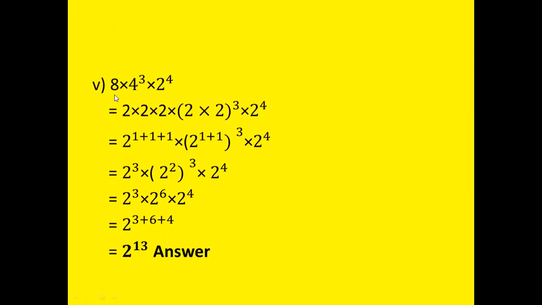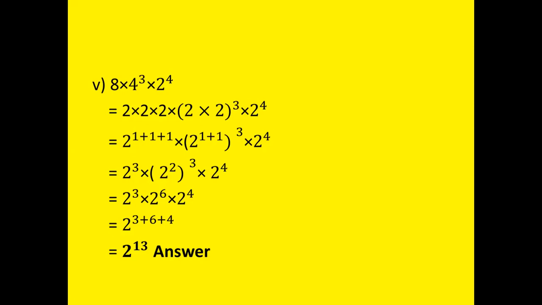Next one, look here, 8. 8 means 2 into 2 into 2, that means 2 to the power 1, 1, 1, so 2 power 3. Then inside, 4 means 2 into 2, so it is 2 power 2, whole power 3, and into 2 power 4. Our aim should be to make all the bases the same. If the bases are the same, then only does it become easier to apply the laws of indices.